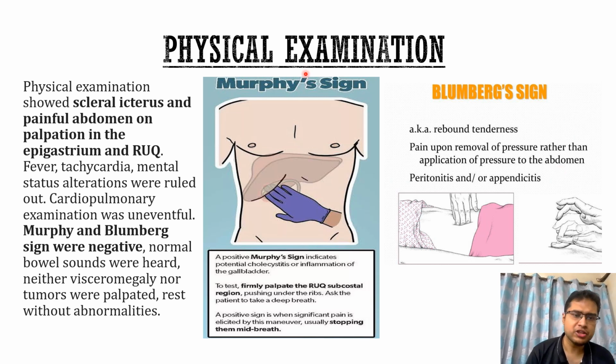The patient is having jaundice, and he's not having any features of acute cholecystitis or peritonitis, and he's having tenderness in the right upper quadrant and the epigastrium. So it still keeps pancreatitis as a differential for the pain abdomen, as well as obstructive jaundice because of some cholelithiasis or stone in the CBD.